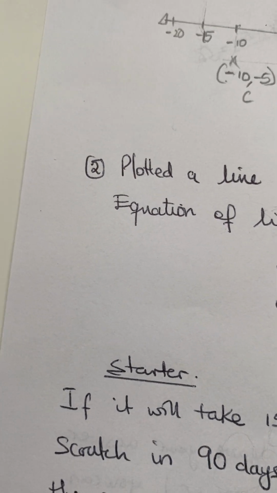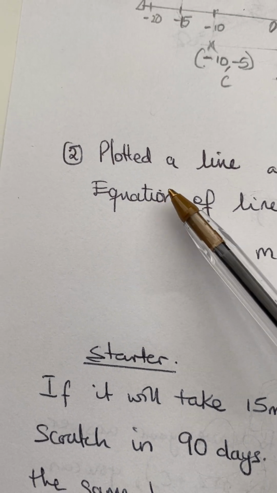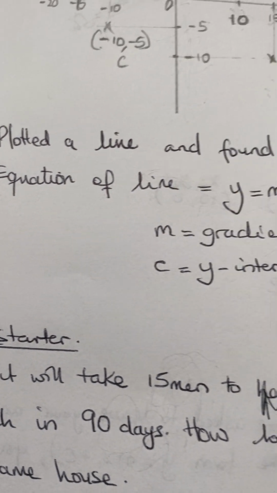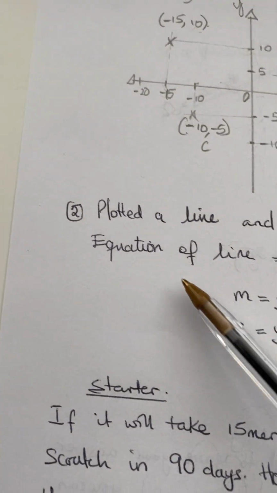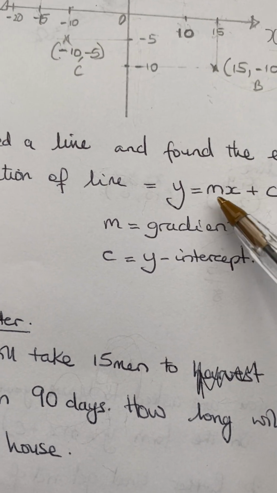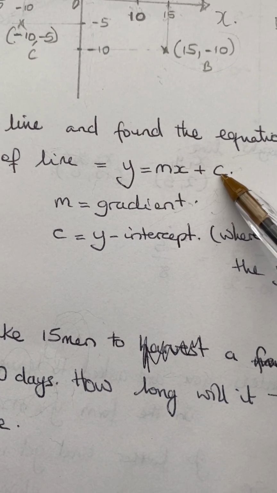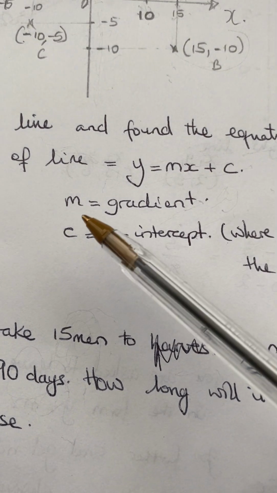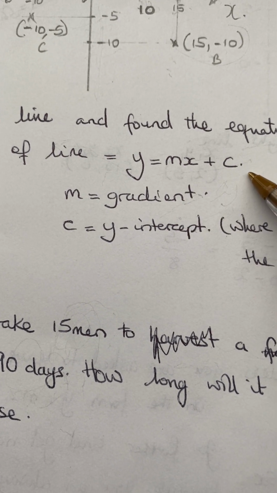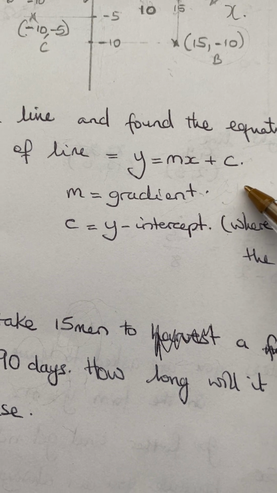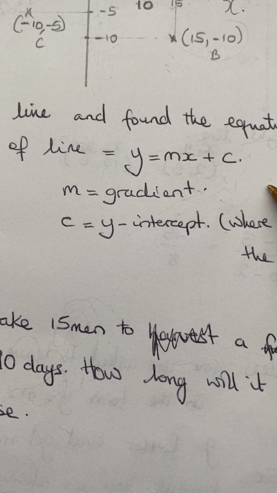Now we plotted a line graph and found the equation yesterday. The equation of the line we said is y = mx + c, where m is your gradient, which is the change in the y divided by the change in the x.